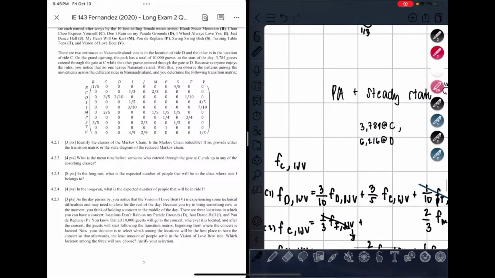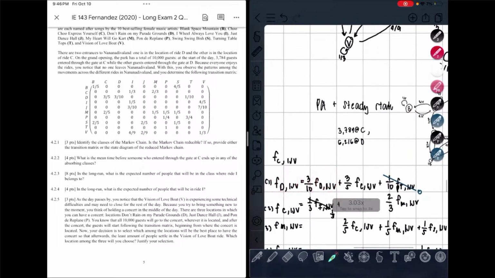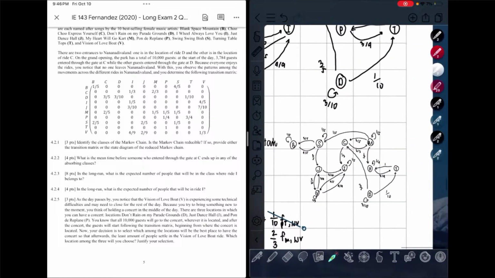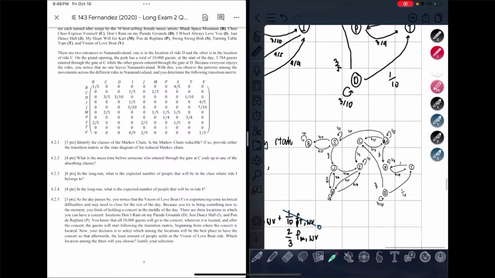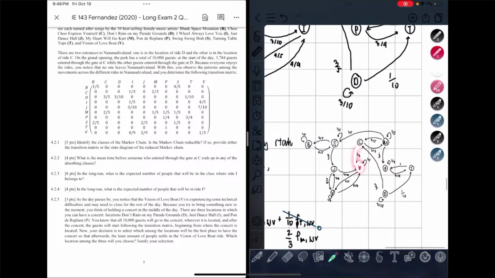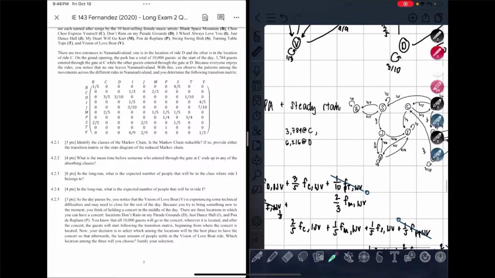Dito naman since na-try na natin to, these are already expressed. Let's try this one, like adding this one kasi it's right now one equation, two unknowns. So adding one more equation, FC IJV. So that's from here. You have FIJV to IJV, technically.